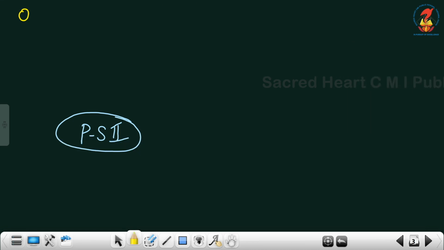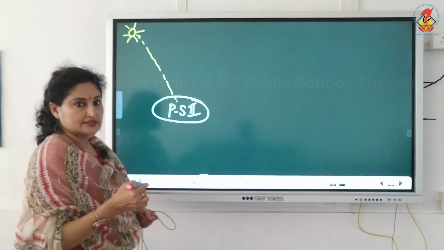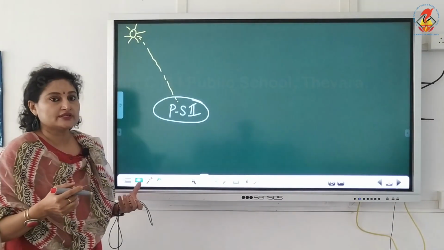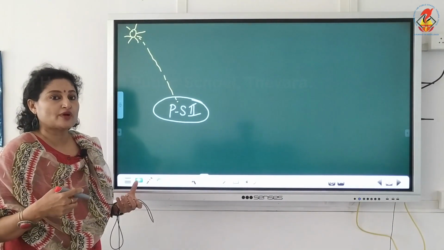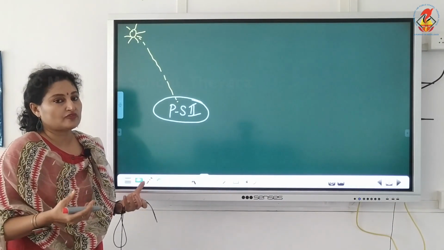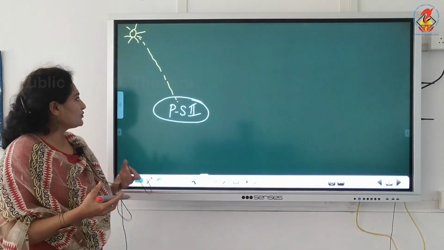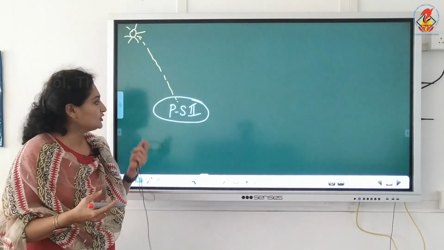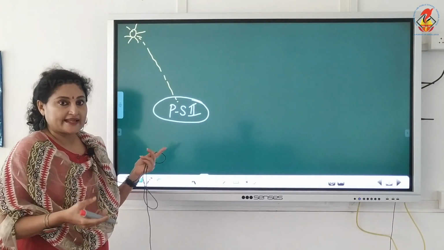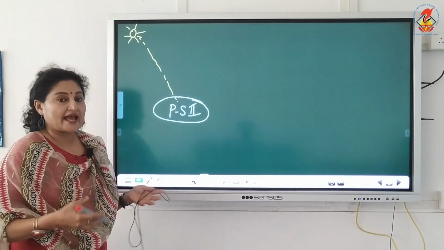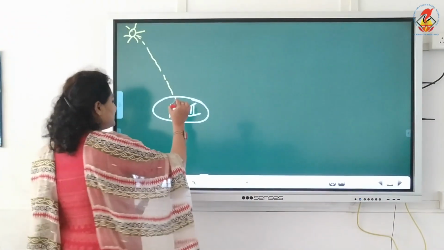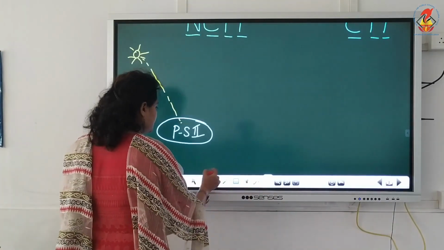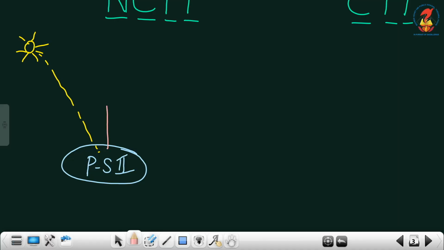Now, due to the sun's light, photosystem 2 gets illuminated, and therefore an electron gets excited and jumps to an orbit further away from the nucleus. Once again, when the sun's light illuminates photosystem 2, an electron gets excited and emitted, and it immediately goes to an electron acceptor.